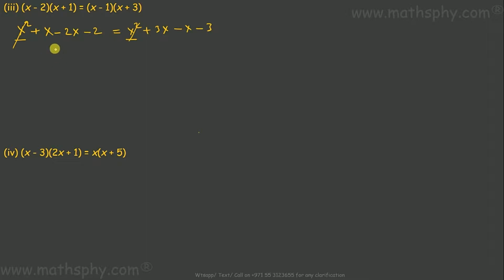And then I have x minus 2x gives me minus x minus 2 equals to plus 3x minus x gives me plus 2x minus 3. So minus x minus 2x minus 2 plus 3 equals to 0. Negative x, negative 2x, negative 3x, negative 2 plus 3, positive 1 equals to 0.